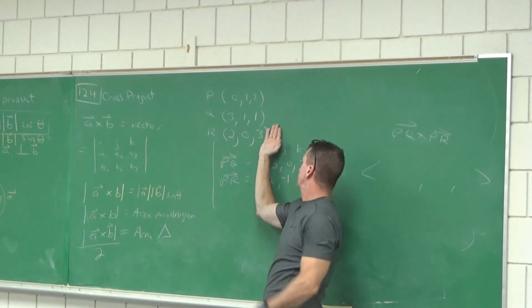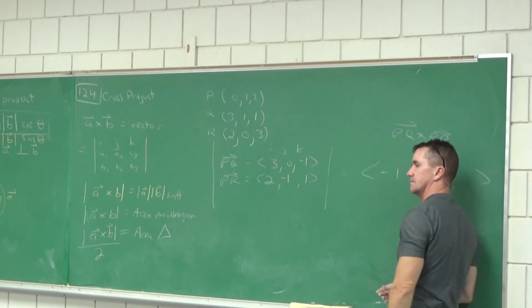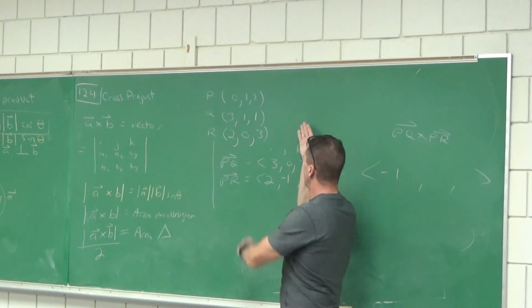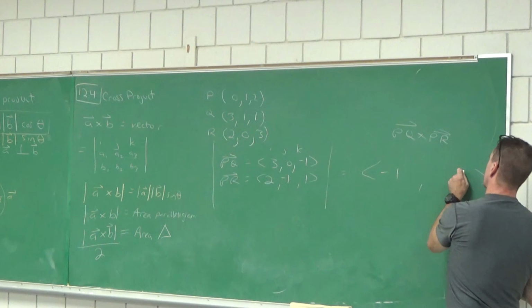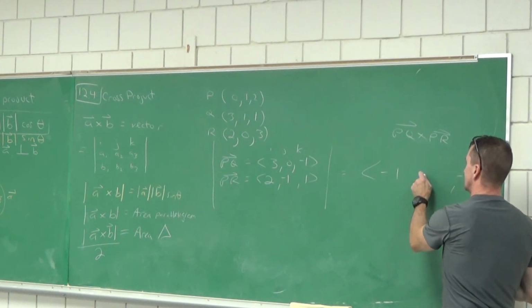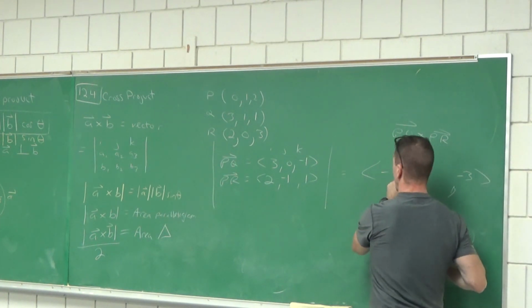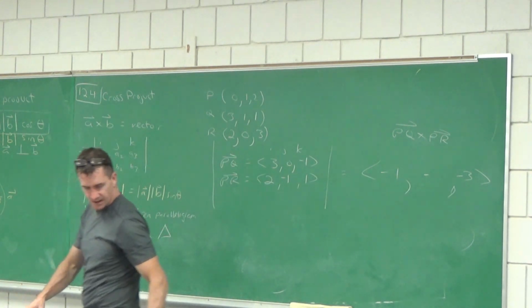Minus 1. 0 minus a positive 1. Come down to the third column. What's negative 3 minus 0? Cool. What do you do in the middle column? Something special? You have to change the sign. Get it ready. Do the same thing, but change the sign. Here's my yellow chalk.